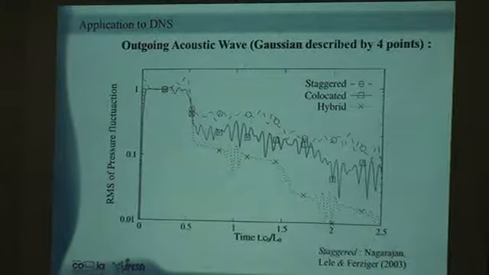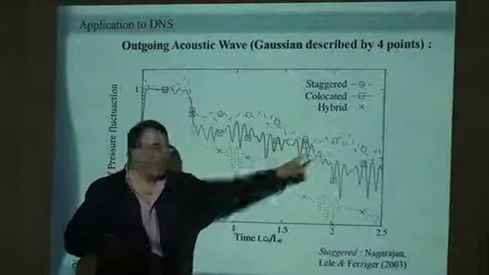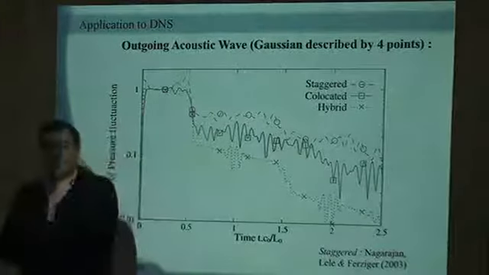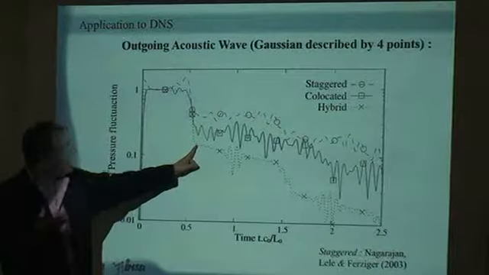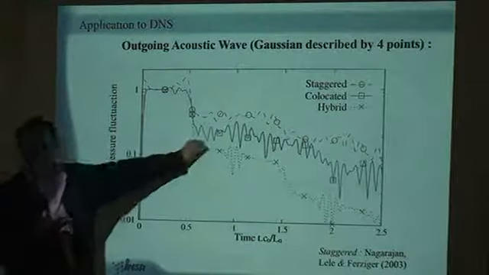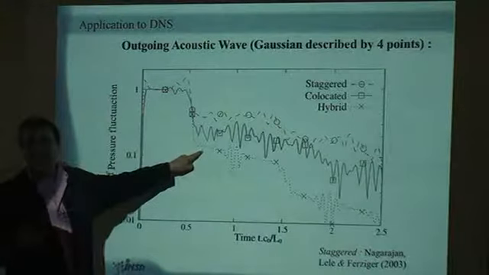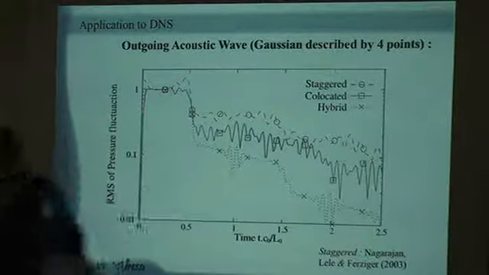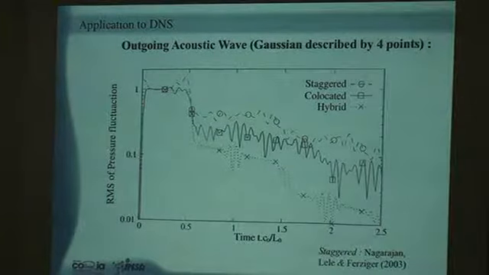They don't really handle the boundaries. The collocated handles the boundaries and gives correct results. But the hybrid scheme, a very simple modification, has a really improved behavior. Maybe it's known, but we never found this kind of result in the literature.